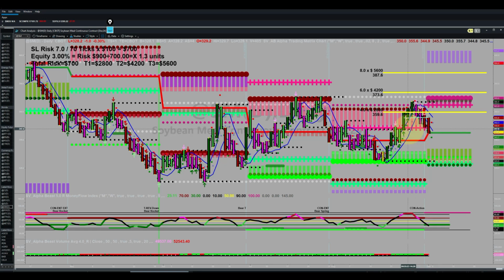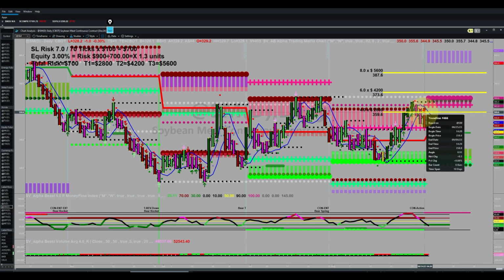And sure enough, once it broke through the profit target right here, the stop loss was placed underneath this bar. So when the next bar closed, we would remove the stop loss and put it underneath this low, right where the profit target is. So basically you would have ended up making four times risk anyway, a couple ticks off.